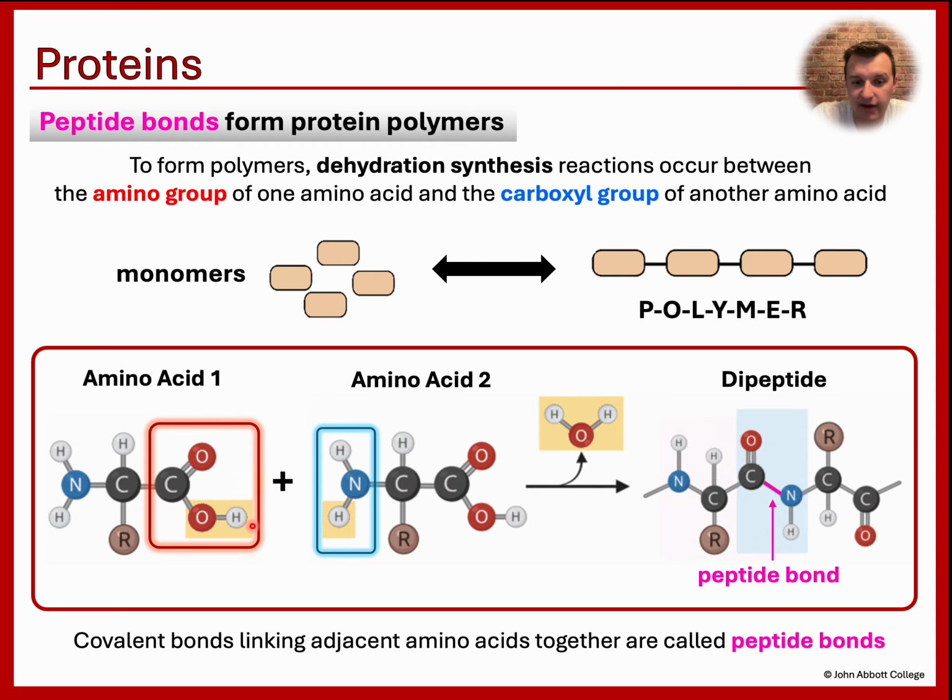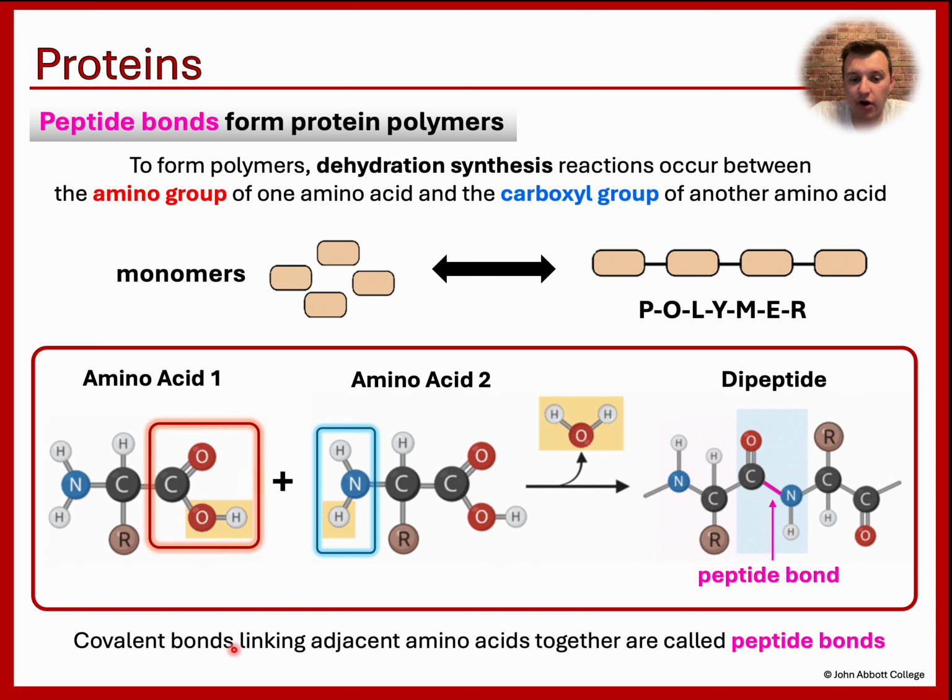So this OH over here will be removed. This OH gets removed, this H bonds and forms a water molecule over here. And that will form a peptide bond between these two amino acids. So amino acid 1 plus amino acid 2 forms this dipeptide over here, right?